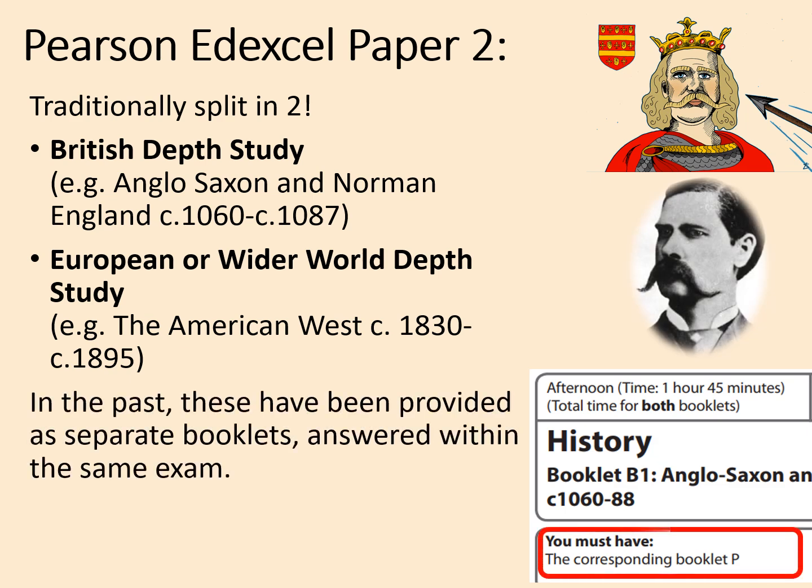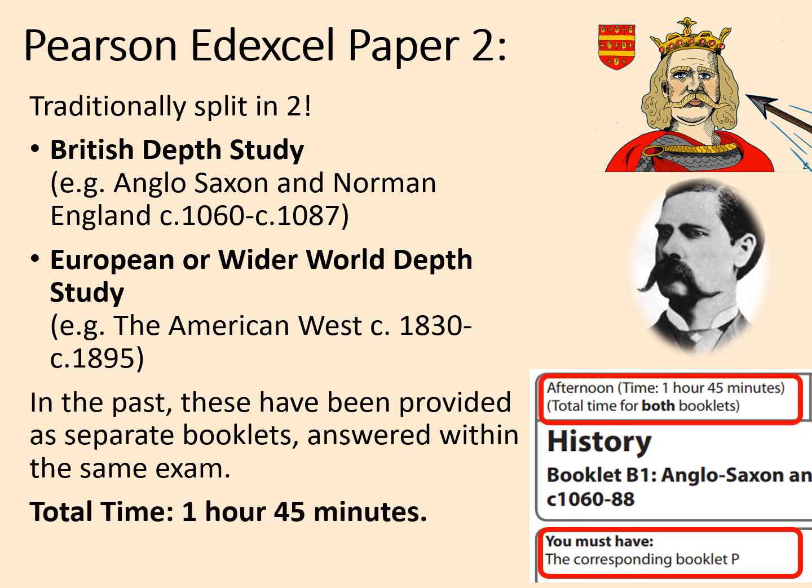In the past, these two have been provided as separate booklets answered within the same exam. For the year 2022 only though, these exams have been split into two separate shorter exams, so just be mindful of that. Traditionally though, the total time for both papers is 1 hour and 45 minutes. You can halve that in 2022 as they will be sat separately.